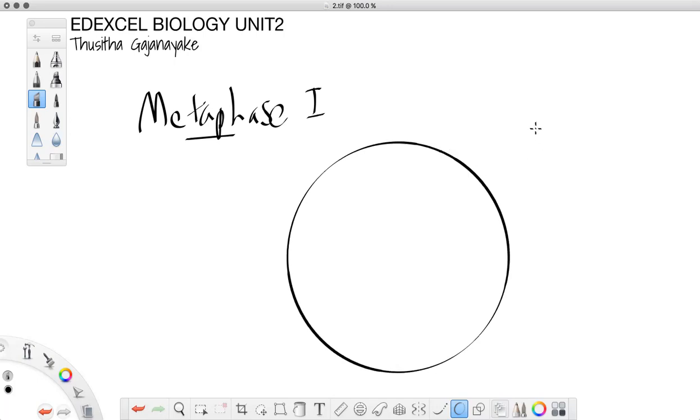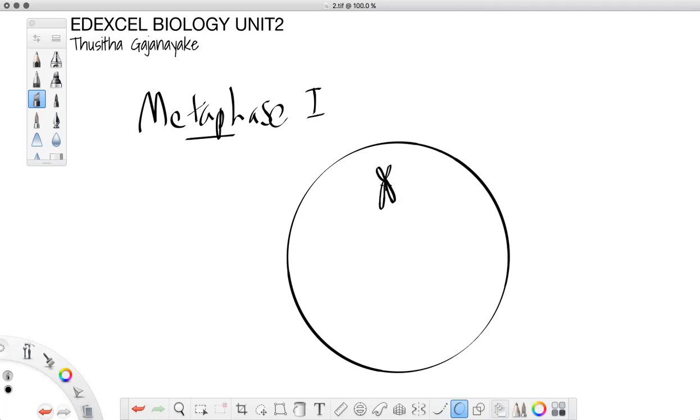Right, in Metaphase 1, as we have seen in mitosis, chromosomes are organized at the equator. This is also happening here, but the difference is the homologous chromosomes are organized as pairs.